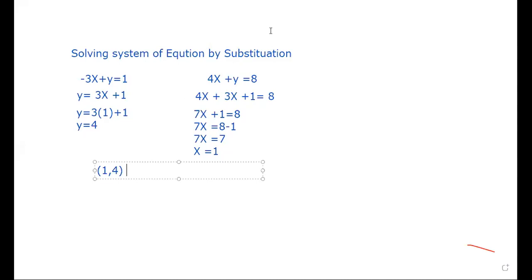Understood? Yes. It's in the y part. I said at the beginning, it was negative 3x plus y equal 1, right? Then rearrange to keep y on one side. Then you have to search for the variable with coefficient equal 1.